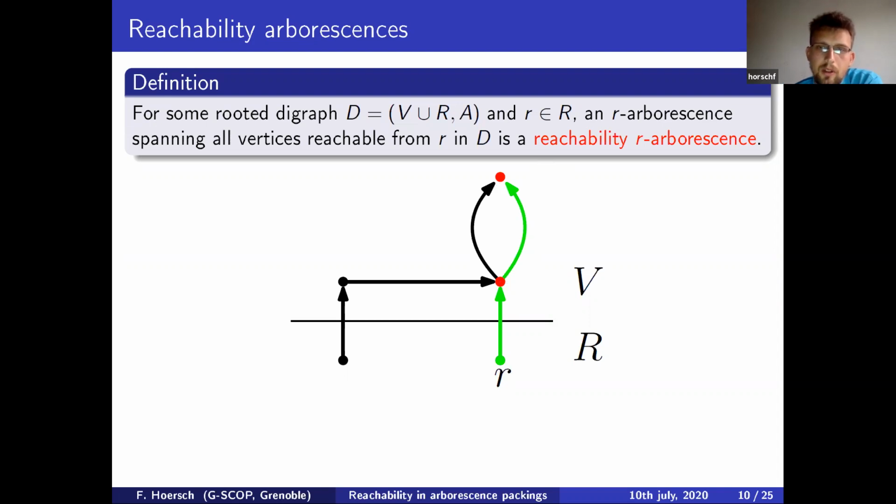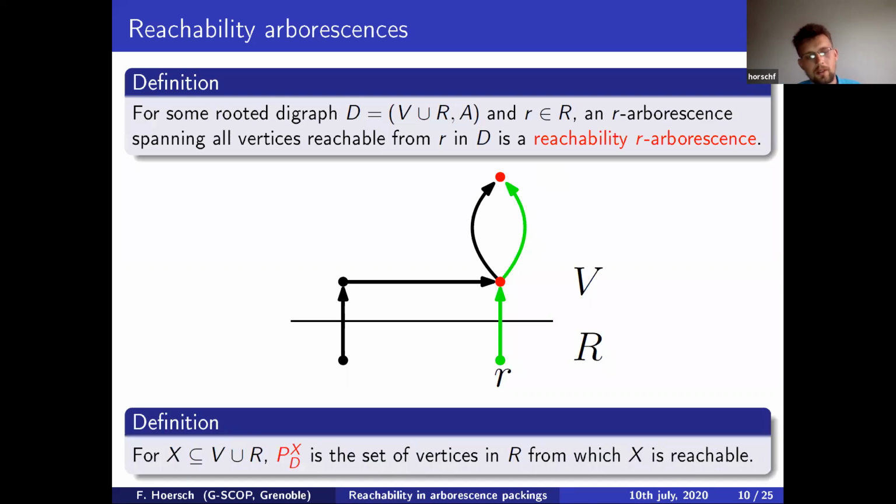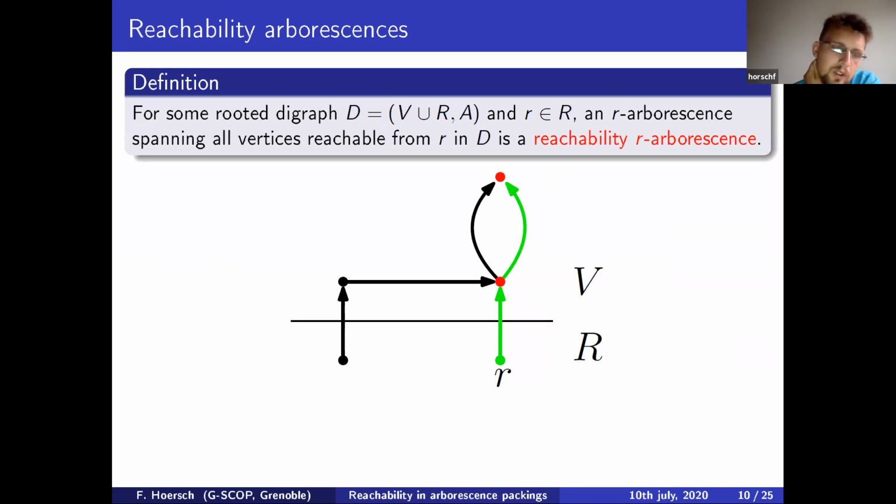And now when I speak about a reachability arborescence packing, I mean that all the roots have a reachability arborescence and they are arc disjoint. And of course the vertices which are reachable are not the same for all roots.